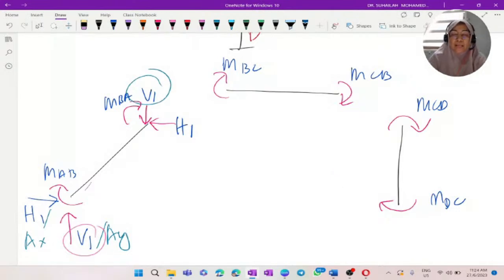Let's do it again, but this time for member CD. Because D is fixed, at the fixed support there are three unknown reactions.